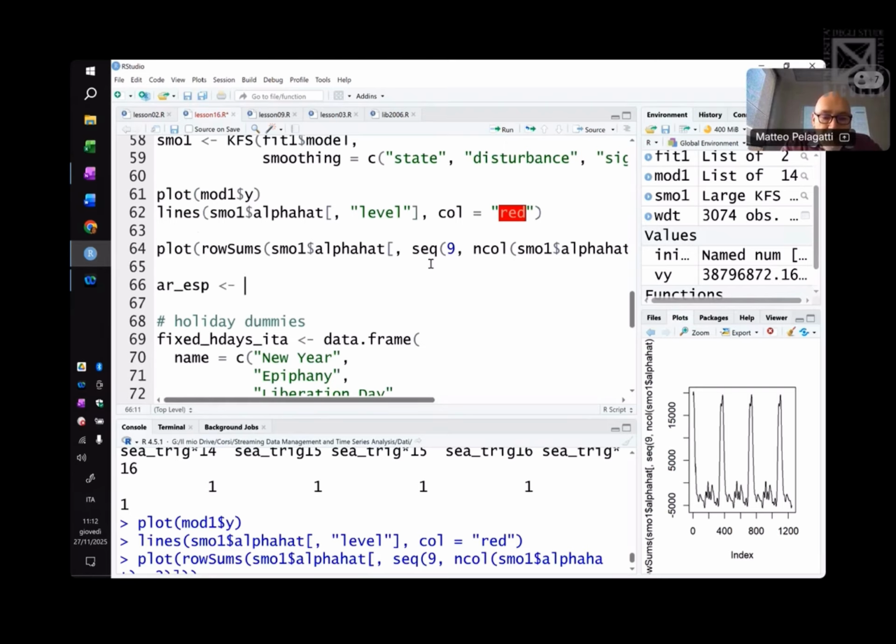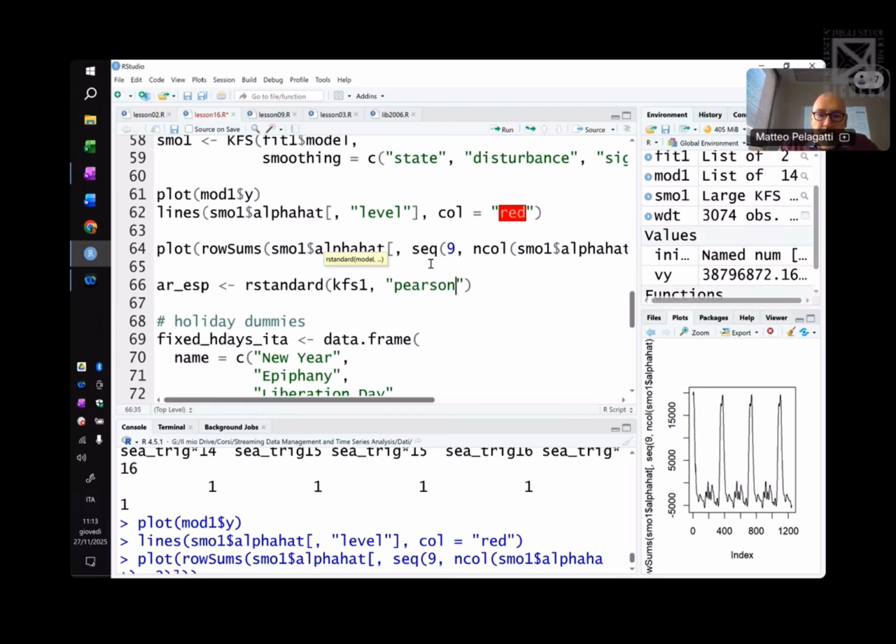And if you remember, you can compute them using rstandard, which is a generic function in R, and passing the smoothed values, of course, the smoothed disturbance that we computed, and asking for the type, it's called Pearson, right?